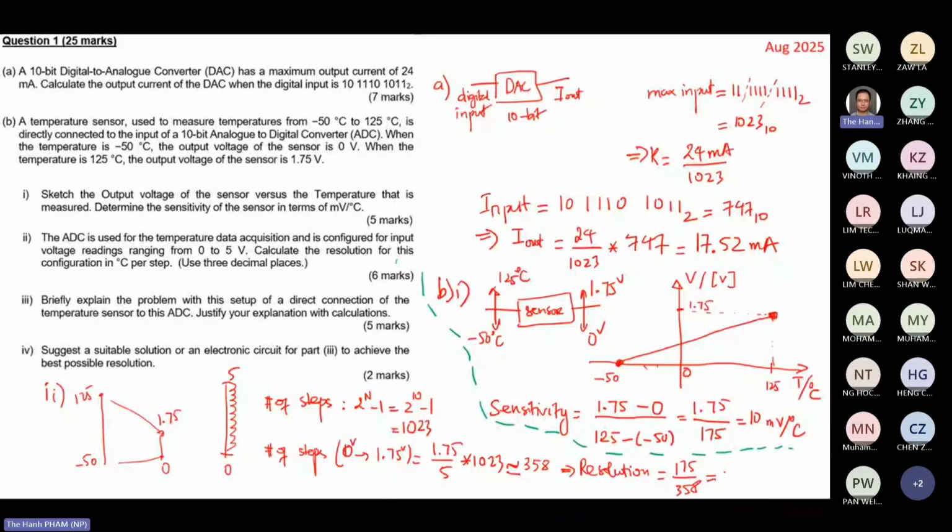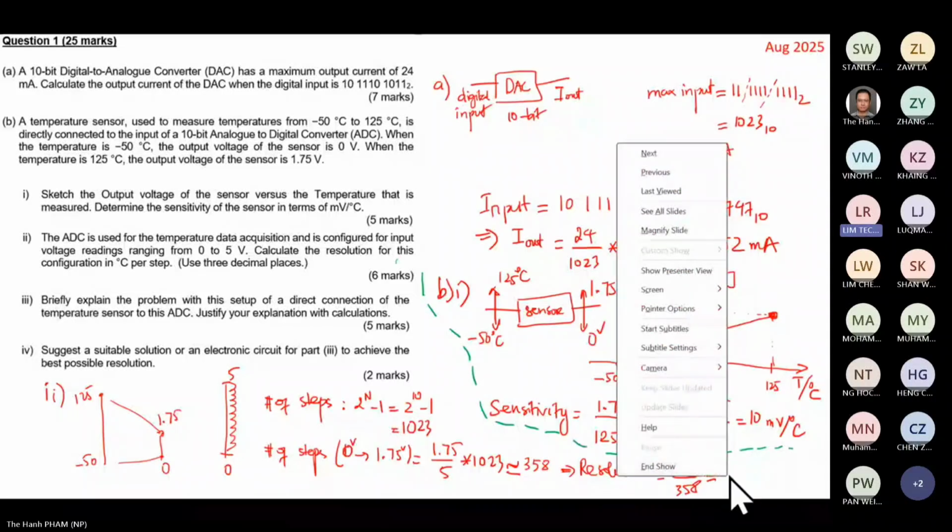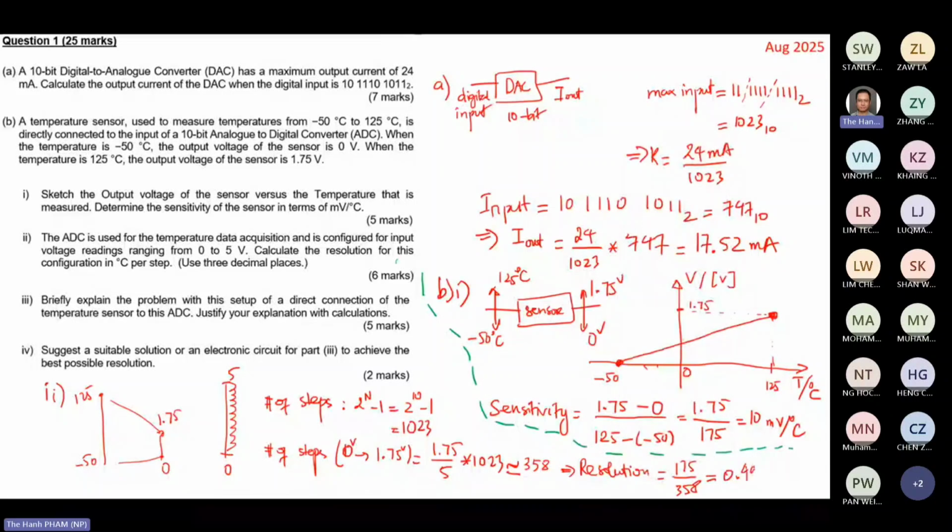So this one, can you help me? 0.49. 0.49, right? Degrees Celsius over 1 step. You see, this is quite simple.